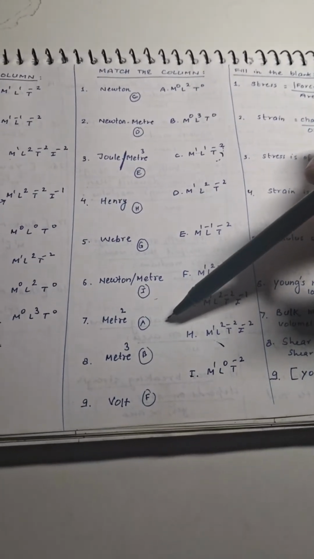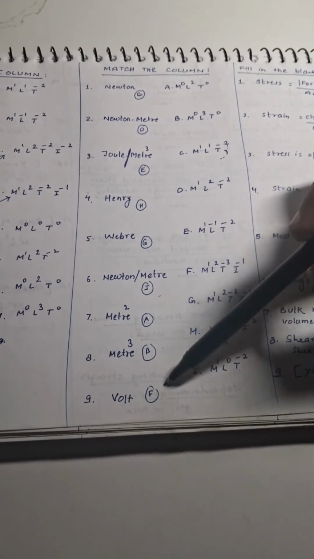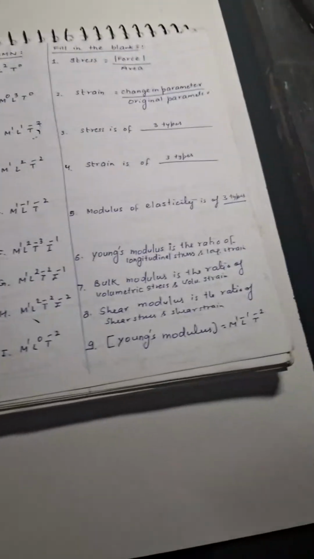Meter square, L^2, corresponds to option A. Meter cube corresponds to B, and volt corresponds to F, M L^2 T^-3 I^-1.